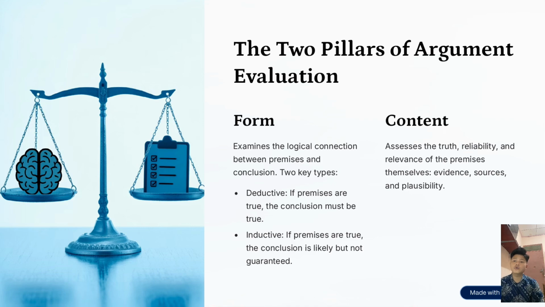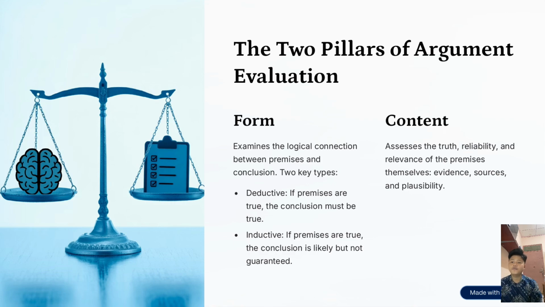And the two pillars of argument evaluation. 1. Form: examines the logical connection between premises and conclusion. Two types. Deductive: if the premises are true, the conclusion must be true.